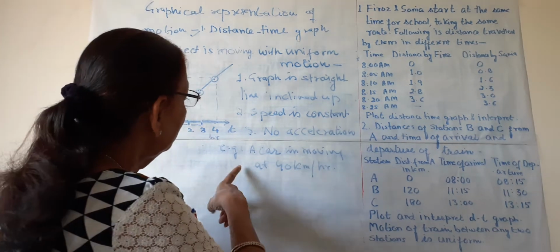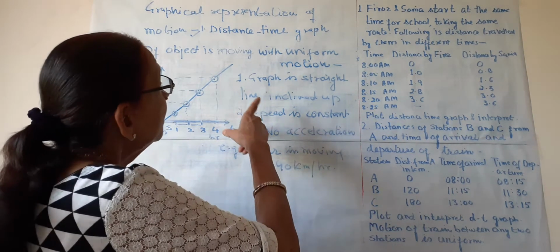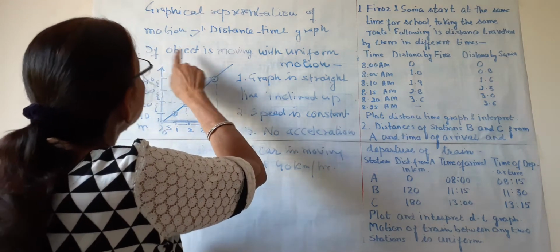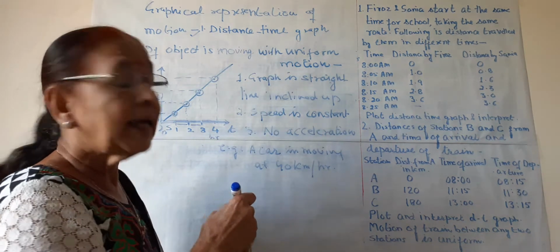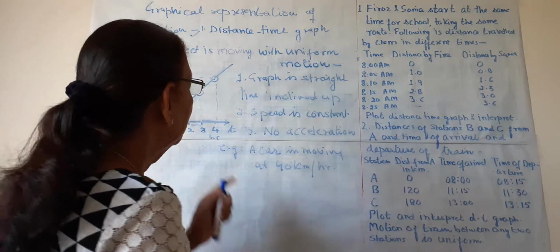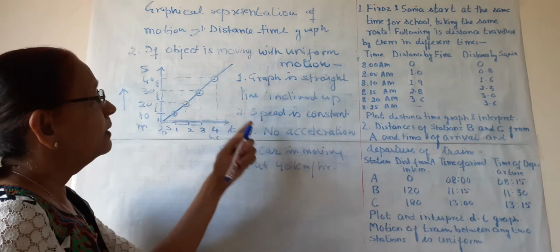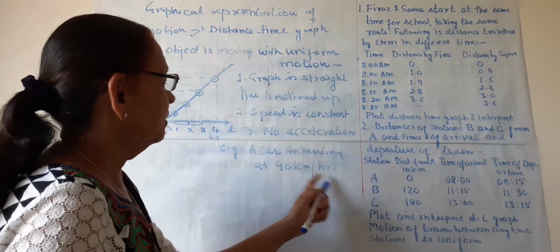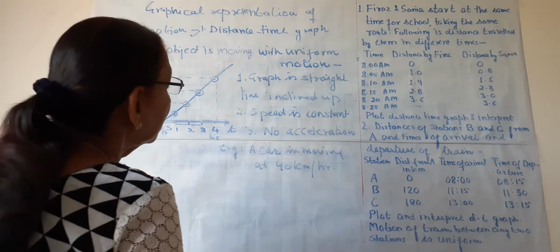But rectify it. So in first case, when the object was not moving, the example is car is at rest or car is not moving. This is the example of this DT graph when car is at constant speed and the speed of car is 40 km per hour. So this is the second case.